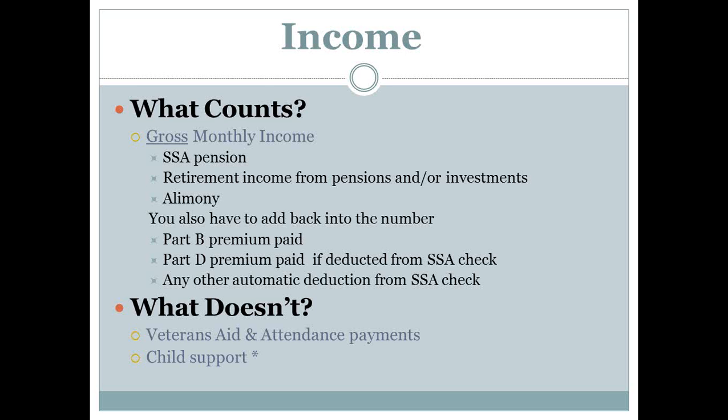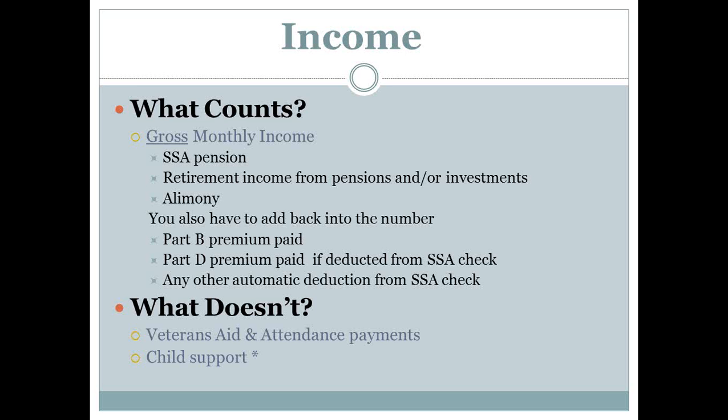So if you're looking at someone's Social Security pension and they automatically have their Medicare premium taken out and maybe their Part D premium, you need to count those in or add them back to the number that they're giving you as what I take home and get the gross monthly amount for that.